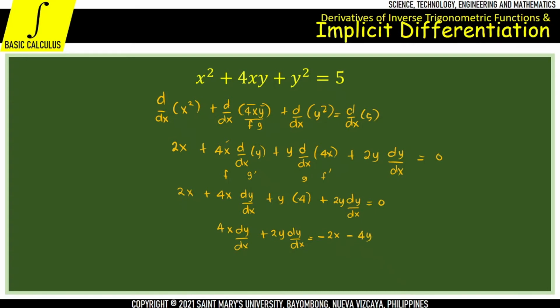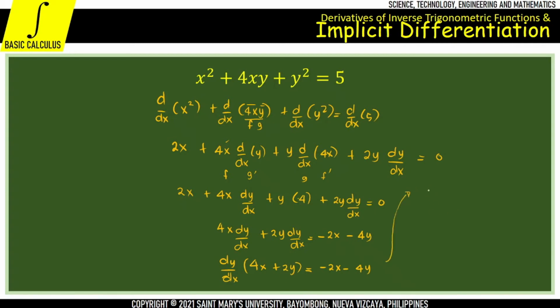Next, on these first two terms, factor out dy/dx. So we have dy/dx multiplied by, pag tinanggal natin yung dy/dx for both of the terms, 4x plus 2y is equal to negative 2x minus 4y.